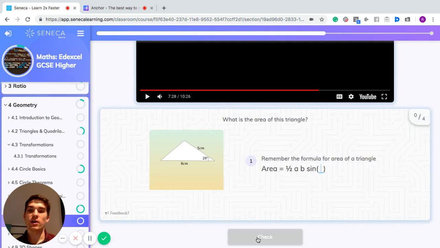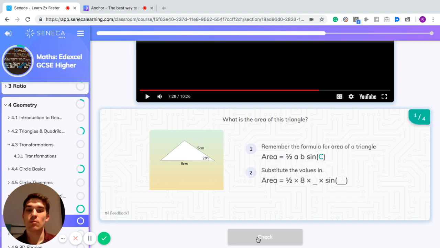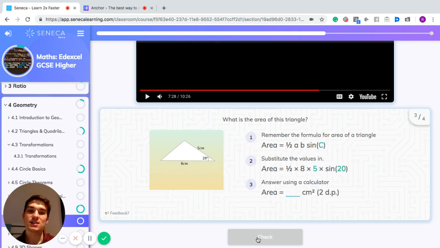Now, if we want to work out the area of a triangle, in the example I'm going to give, we've got a base of 8, a side of 5, and an angle between those two of 20. So remember, we can use the formula half AB sine C, and if we substitute in the values A, B, and C, that'll give us half of 8 times 5 times sine 20.